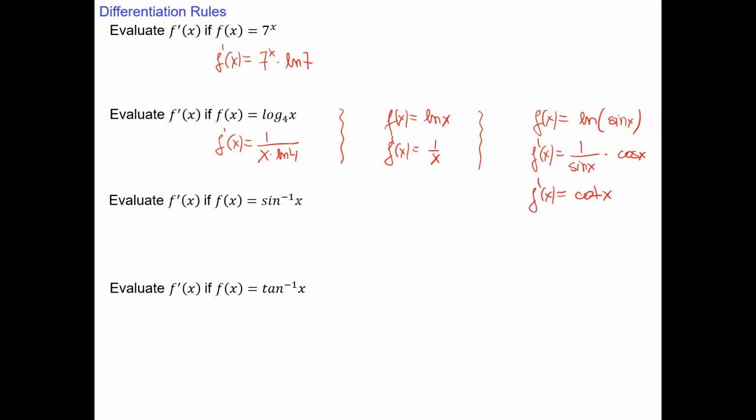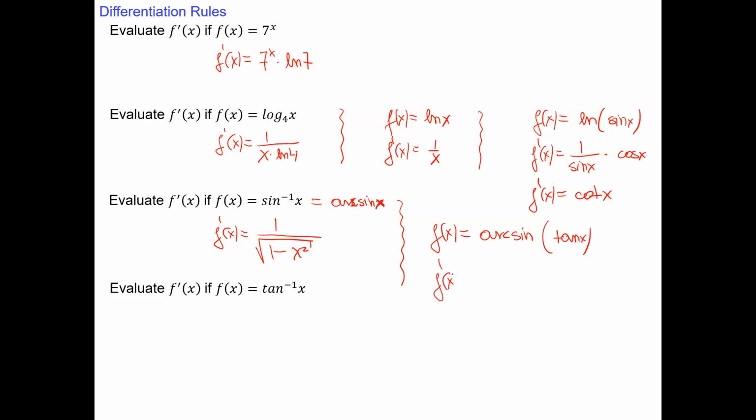Now inverse sine of x or arc sine, the same thing, thinking about the same domain, of course. Derivative of arc sine is 1 over square root of 1 minus x squared. And if we like to add, for instance, f of x equals arc sine of tangent of x, we can see the argument is not x, it is tangent of x.